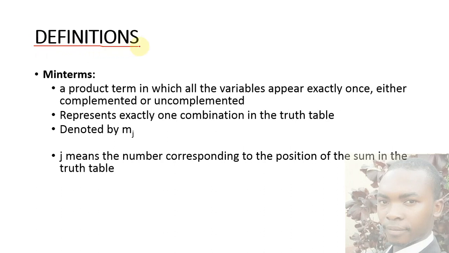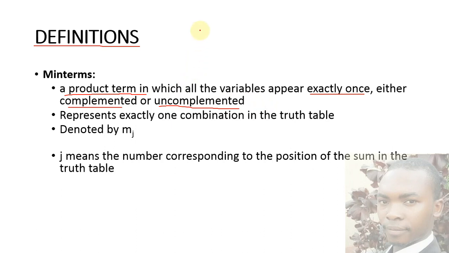Alright, so let's look at definitions. How can we define a minterm? A minterm is a product term in which all variables appear exactly once, either complemented or uncomplemented. In a truth table, we have those terms.